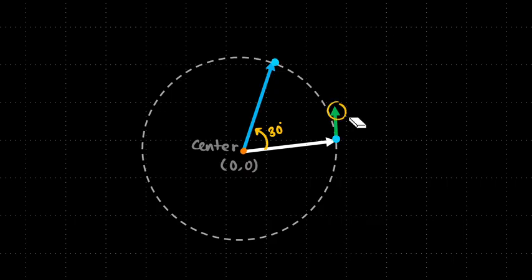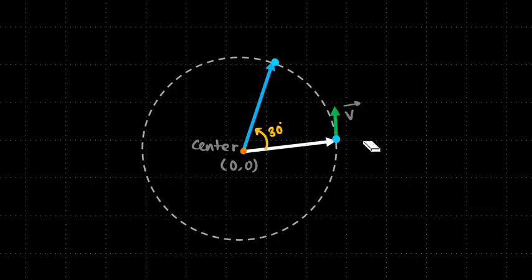But if you were talking about the speed, I'm gonna write this in another color. Let's do gray. So if you're talking about the speed, it's v, right? And if you're talking about the velocity, it's going to be v with an arrow. And if you're just talking about the speed, it's going to be v, right?